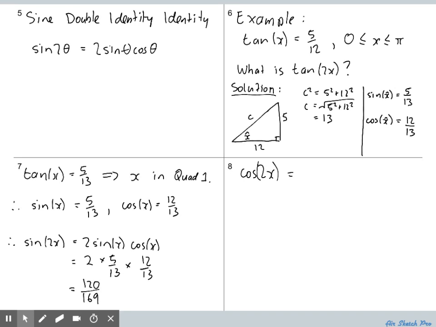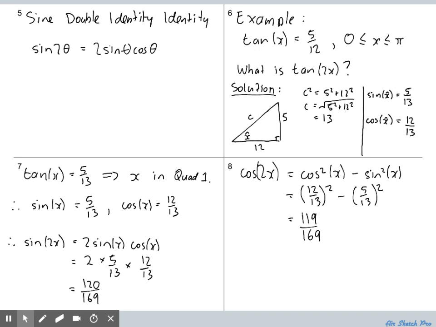So cos squared x minus sine squared x, and that's equal to 12/13 squared minus 5/13 squared. And that is equal to, so square 12 and subtract 25, you get 119 over 169. Okay, so that should be standard fraction work, I'm hoping for you.